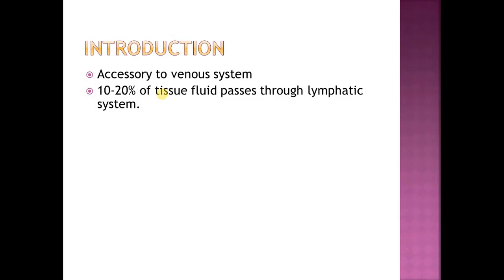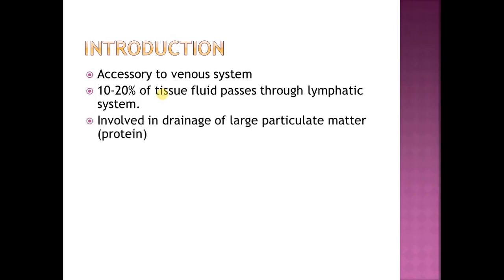Only 80% actually reaches the venous end. The remaining 20% from the tissue spaces is collected by the lymphatic system. But ultimately, whatever is collected by the lymphatic system has to be again returned to the venous system.